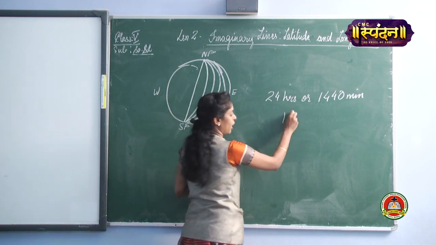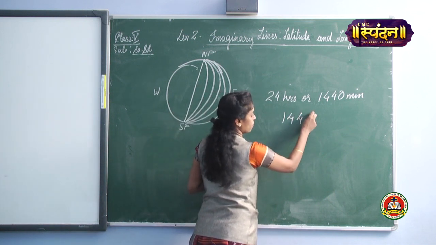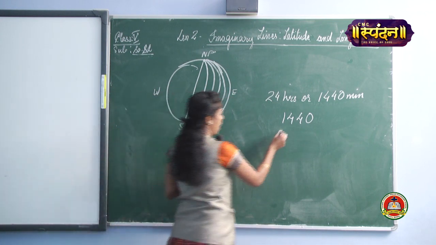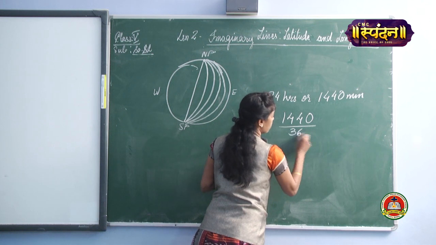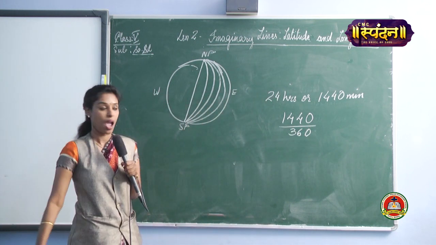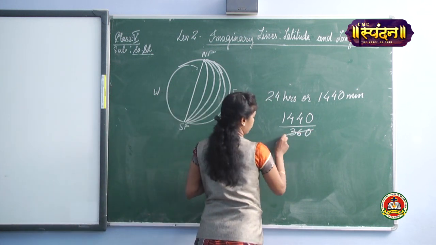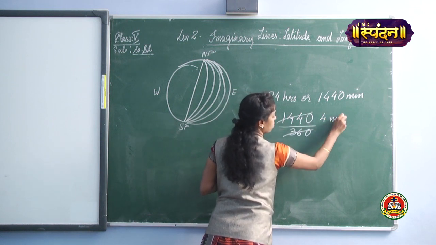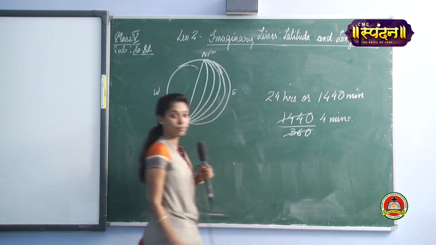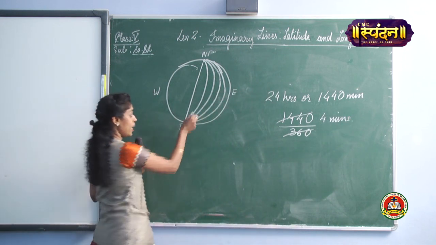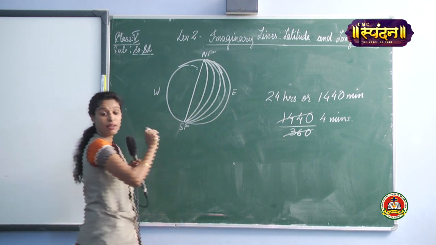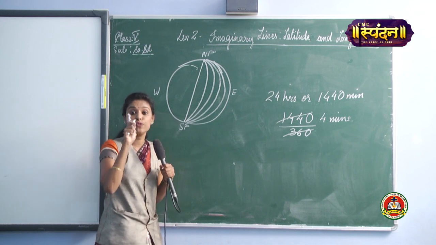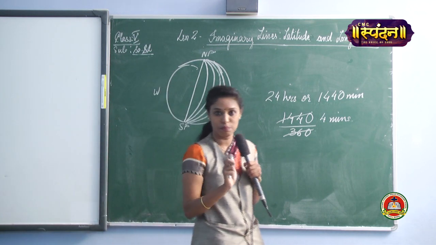So we will just divide 1440 by 360 and you get 4 minutes. So each one longitude that moves in front of your sun takes 4 minutes to cover up.